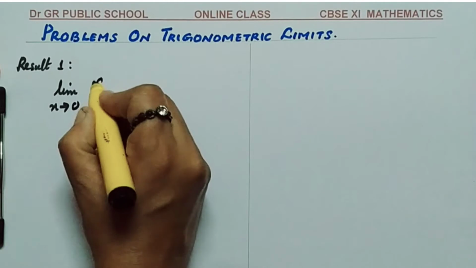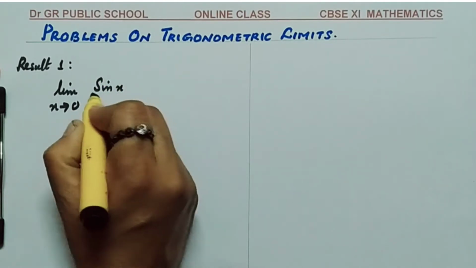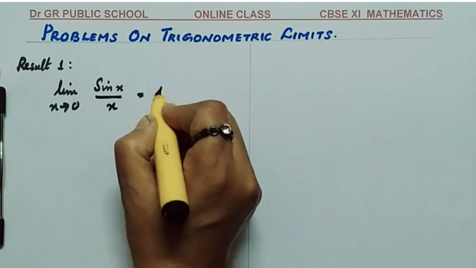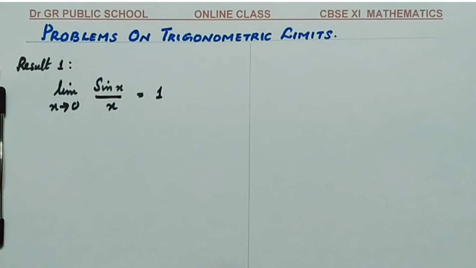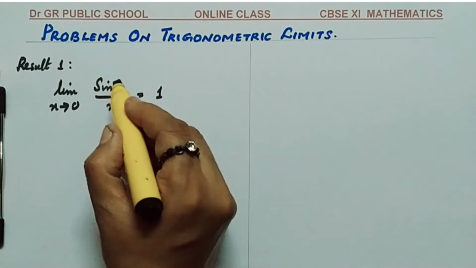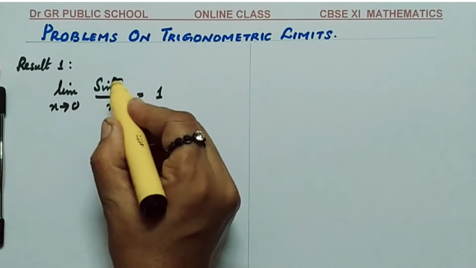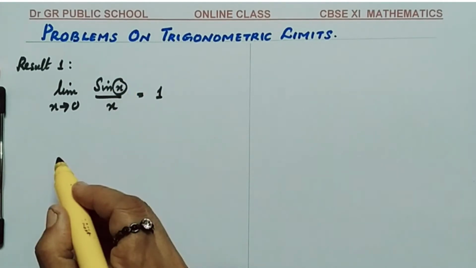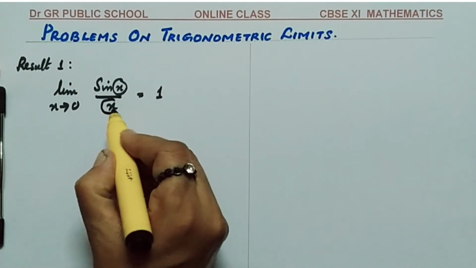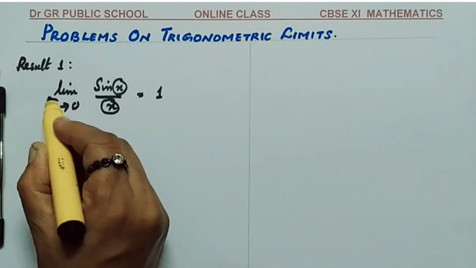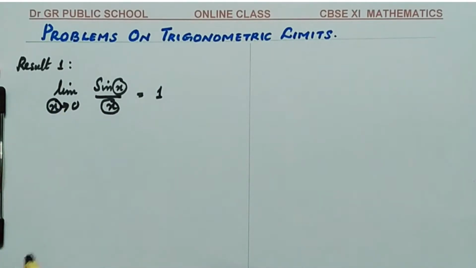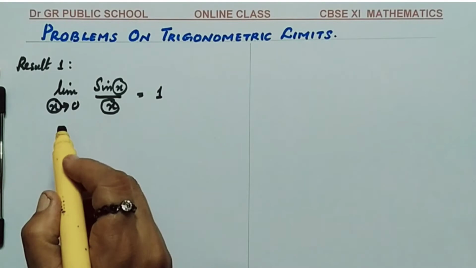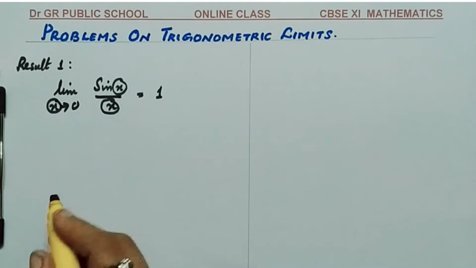sin x divided by x equal to 1. Very important is that the x which comes here, the same x needs to come in the denominator and that x needs to tend to 0. Then only you can apply the limit and the result will be equal to 1.